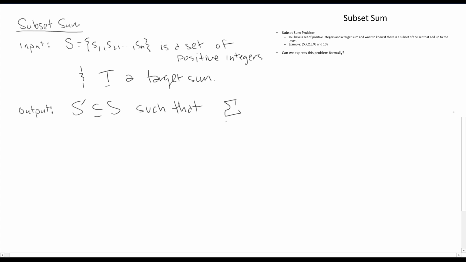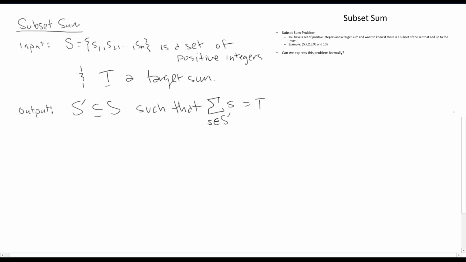So sum, and now again, we're used to maybe doing an i equals 1 to n kind of thing here. But because we're talking about sets, we can use the set. So I'm going to say s as an element of S prime. All of the s's that are in S prime, let's add them up. It should equal our target here.